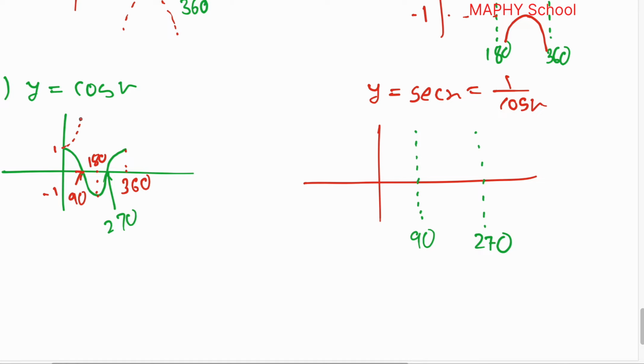Then we get it like this way, just a reflection, remember it. Then that would be like this way, and the last one is like this way. It is the 360. This is 1, this is minus 1, and this is 180 degrees.